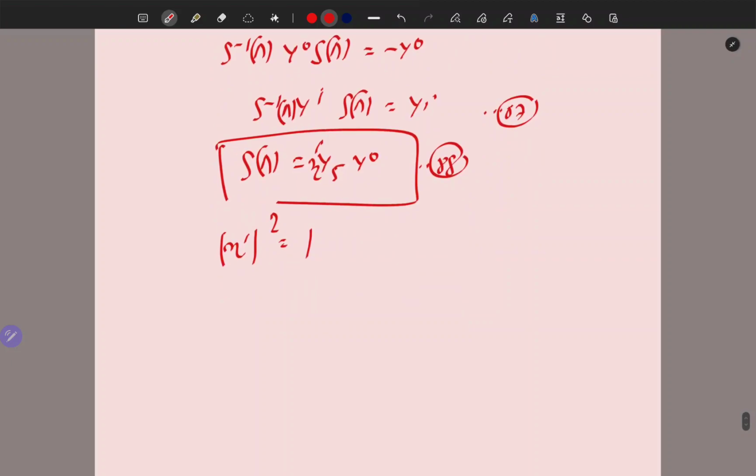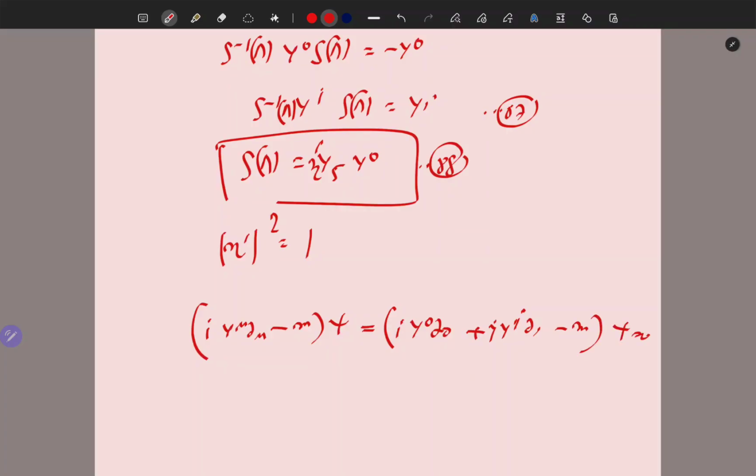If we consider the Dirac equation, (i γ^μ ∂_μ − m)ψ = (i γ^0 ∂_0 + i γ^i ∂_i − m)ψ = 0.